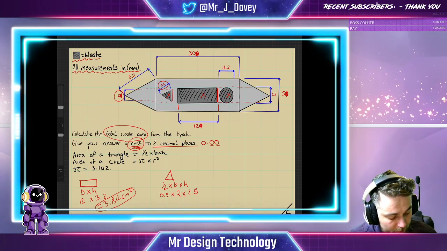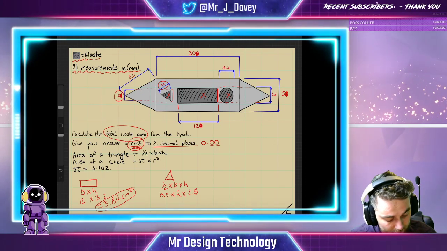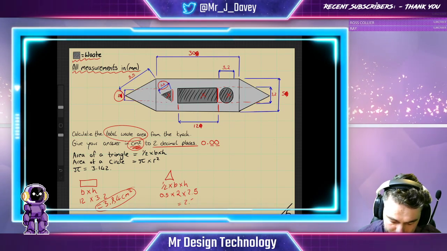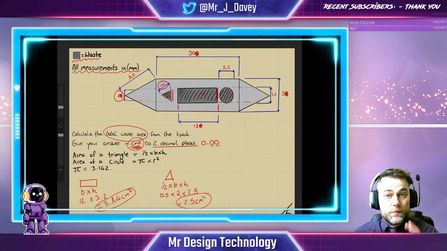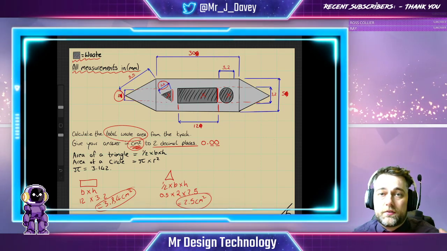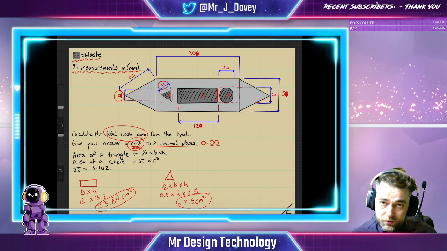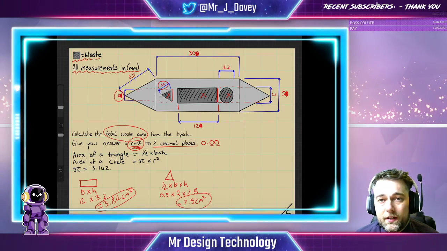So 0.5 in the calculator times 2 times 2.5 equals, well, of course, 2.5 centimeters squared. Now some of you might be able to get that straight away because you're mathematically quite inclined. Others will struggle with this. So if you need to, fast forward to the next bit.